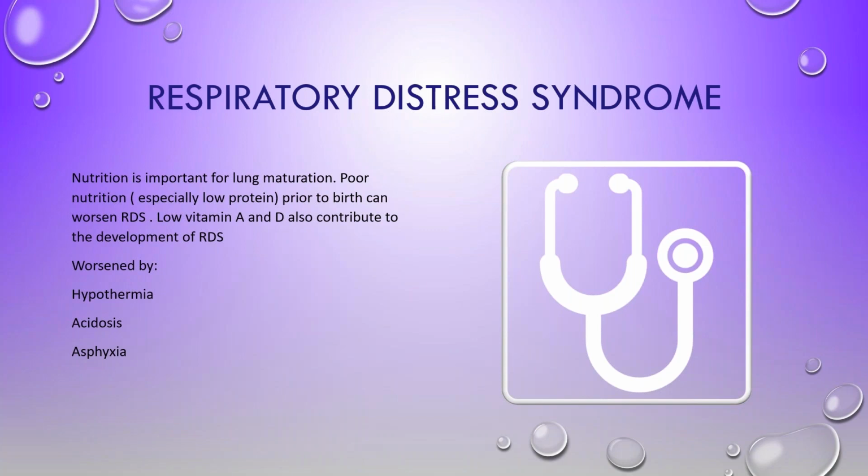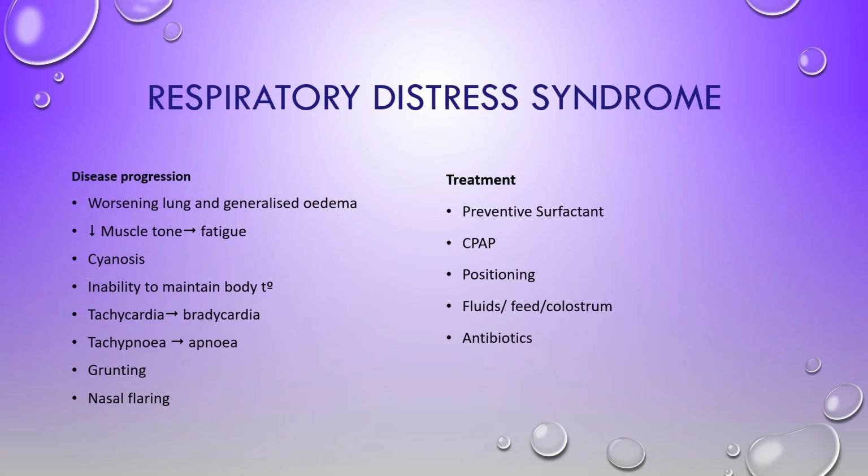Hypothermia will lead to acidosis. Acidosis can lead to asphyxia. So it's not just being acidotic, there are other components to it as well. You could be acidotic because there isn't surfactant, but the hypothermia could worsen the acidosis because we haven't been careful in the resuscitation.